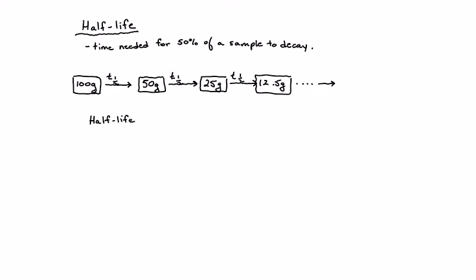Half-lives can range anywhere from the order of seconds, sometimes even shorter than that, all the way up to hundreds of billions of years.